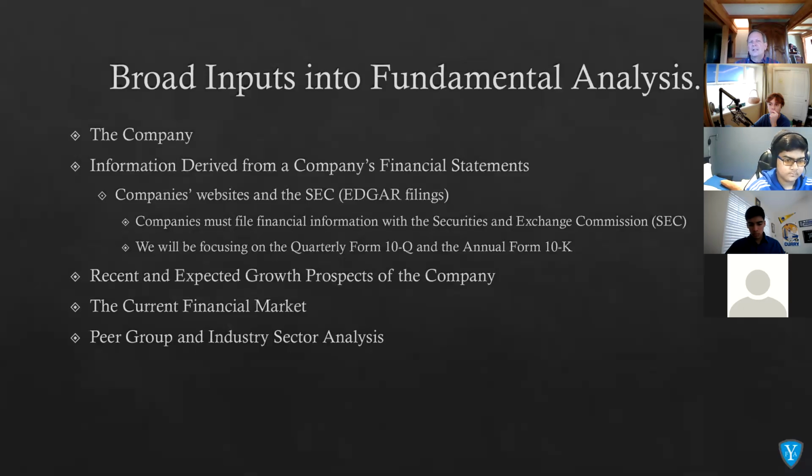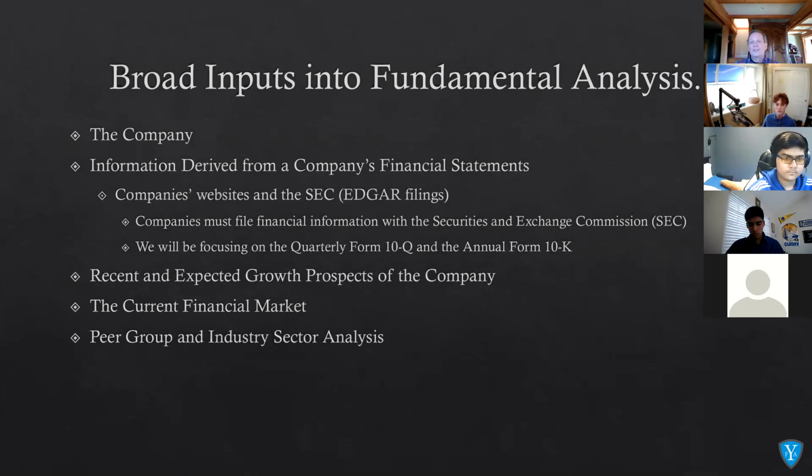Then the next important piece for valuation is to look at the company's financial statements. For some of you, I would imagine this isn't the most interesting thing to look at out of context, so maybe you haven't spent a lot of time in the financial statements before.